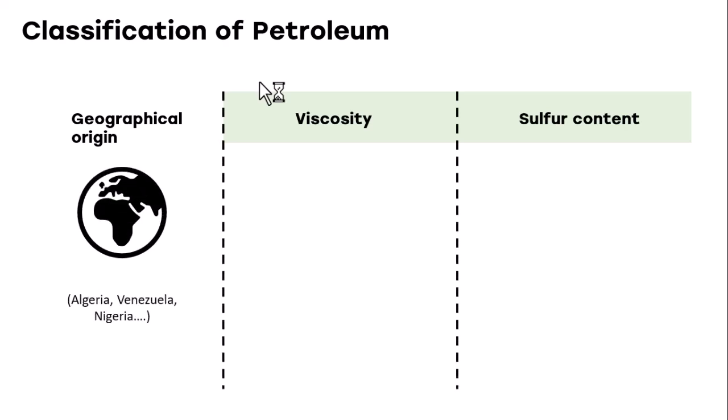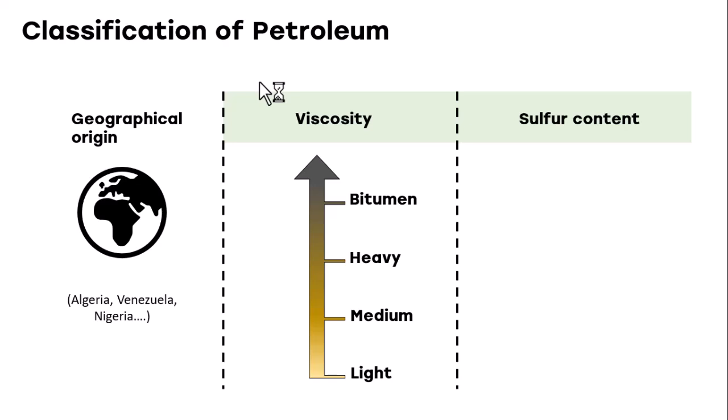From the geographical origin, we can classify petroleum based on its origin, like Algerian petroleum, Venezuelan petroleum, Nigerian petroleum, etc. For viscosity, we can classify petroleum from light petroleum to heavy petroleum based on their viscosity. And we can classify petroleum based on its sulfur content.